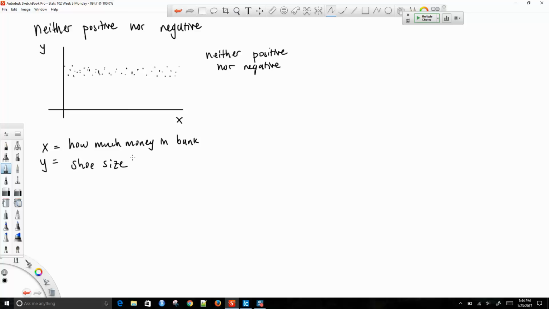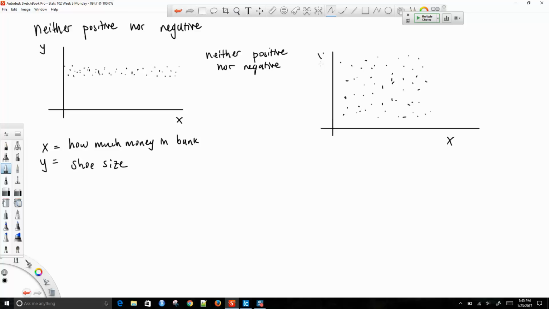We would not expect to see any kind of relationship there. Or even further, if you just have a massive cloud of points, something like this. This could be whatever two numeric things that aren't really related.